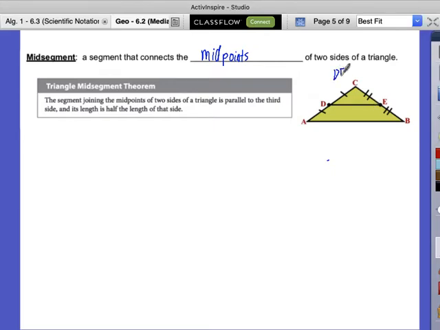So we would say segment DE is our mid-segment here. It'd probably be a good idea to write that in there so that way we know what the mid-segment is. Segment DE or ED would be the mid-segment. It's a segment connecting midpoints. Okay? And once again, there are going to be multiple mid-segments in a triangle. I don't want you guys to draw this part in.